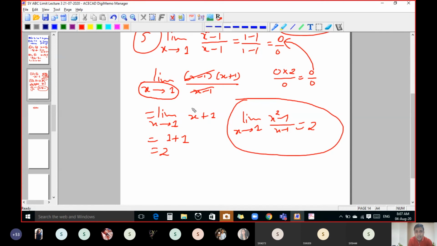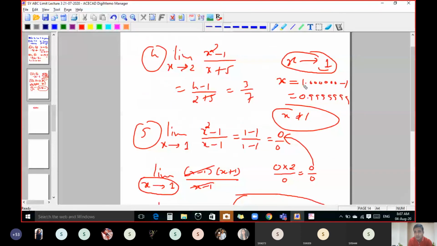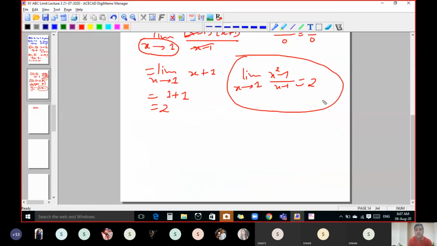Now here put x equal to, now we know that x cannot be 1. So you can't put x equal to 1 here. You can put this value 1.00000 or 0.9999999. So let us put that value as the value of x. Which value? 0.9999999.